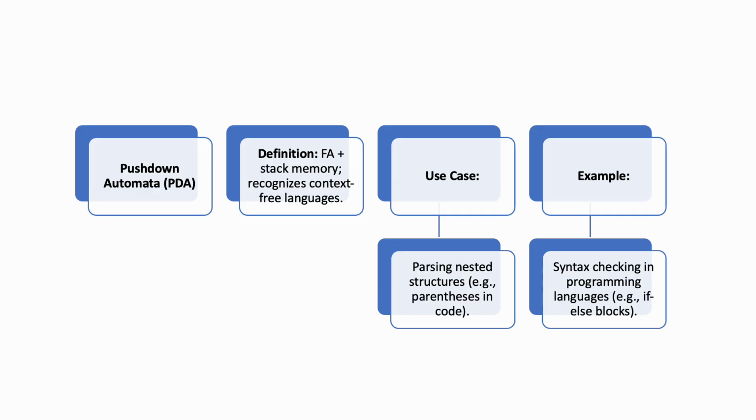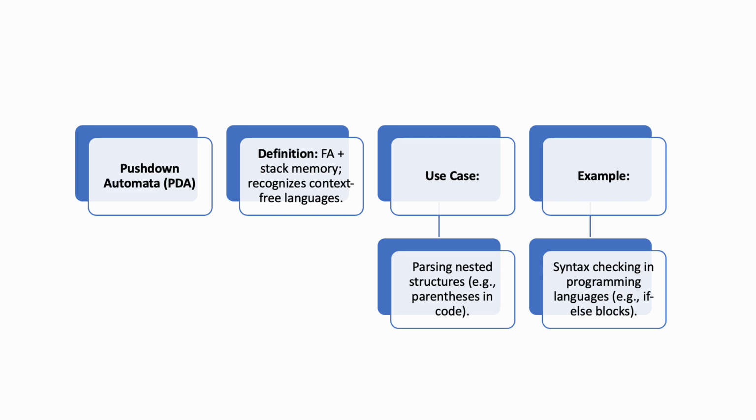A PDA, push-down automaton, is like a DFA but with an added stack memory, which allows it to keep track of nested elements. For example, when the PDA encounters an opening brace, it pushes it onto the stack. When it later encounters a closing brace, it pops the matching brace from the stack.